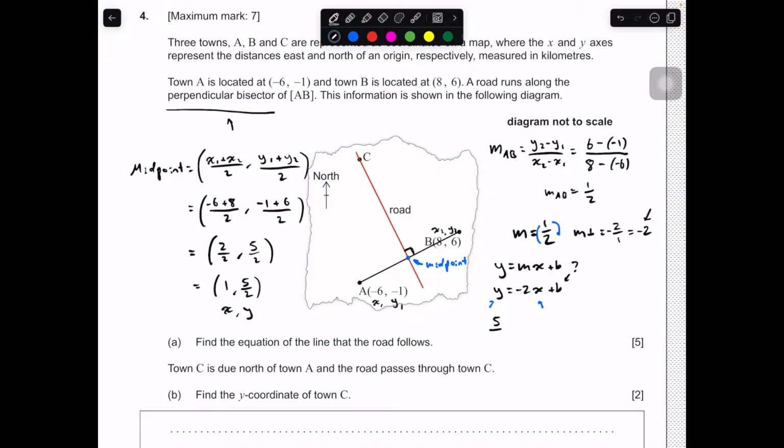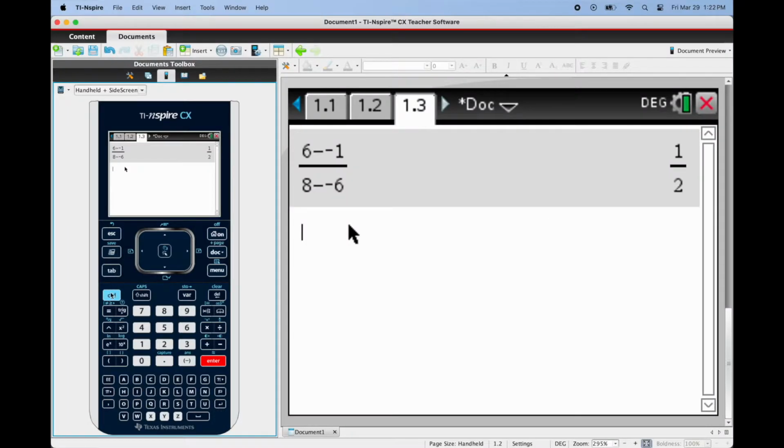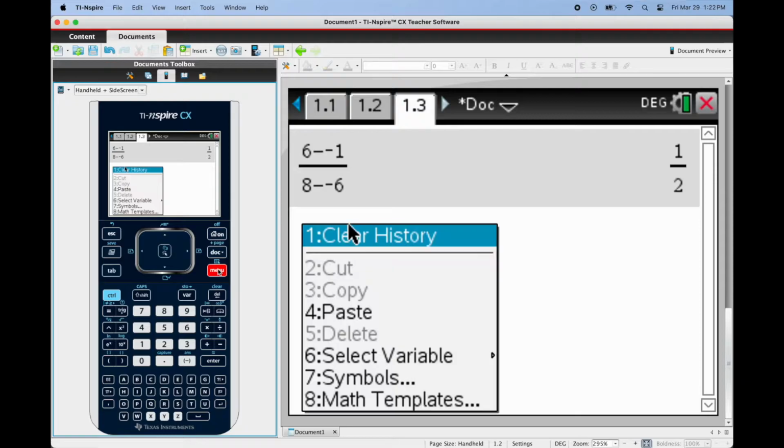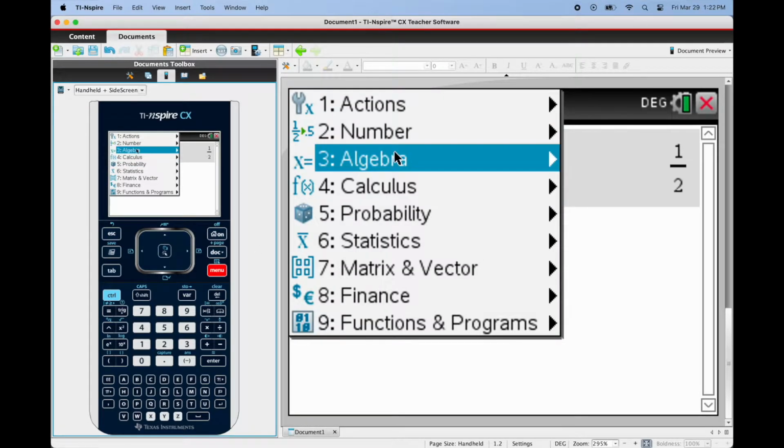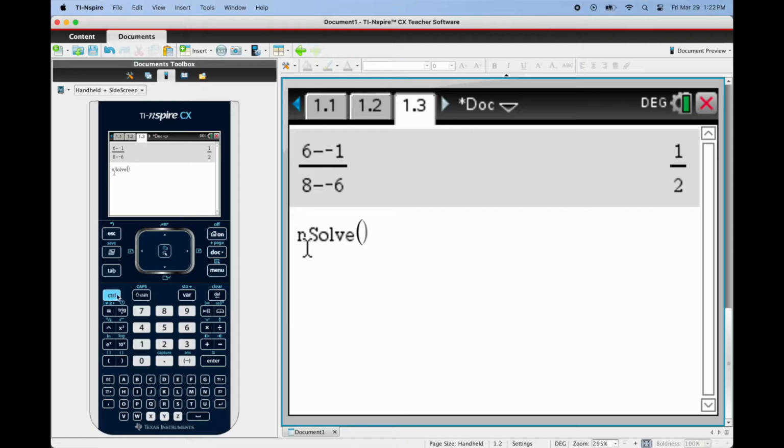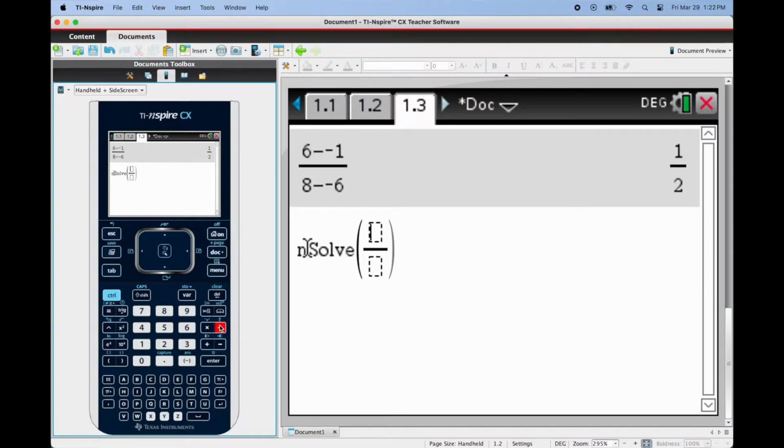So y is equal to 5 over 2. The slope we already knew was -2. x is equal to 1, and then b is what we need to find. In this case, we just have one unknown, so let's go ahead and solve for b. Let's go back to the calculator and work this out. So let's go menu, algebra, numerical solve, and we have 5 over 2 is equal to -2 times 1, or just essentially -2, plus b, and ask the calculator to solve for b.